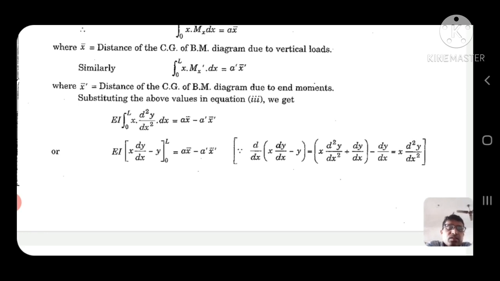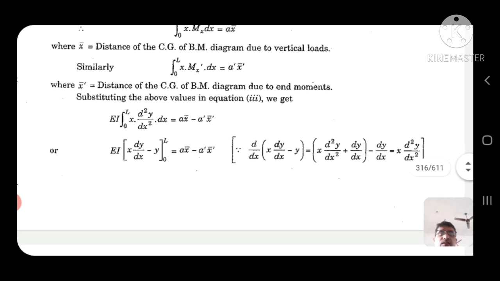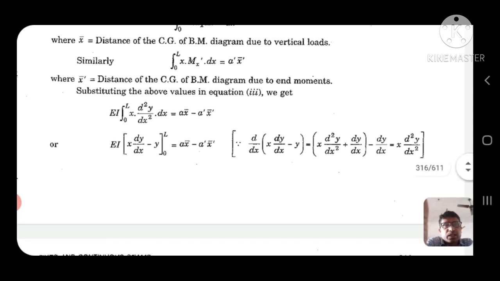Similarly, the integral from 0 to L of x Mx prime dx is equal to A prime x bar, where x bar is the distance of the CG of the bending moment diagram due to end moments.